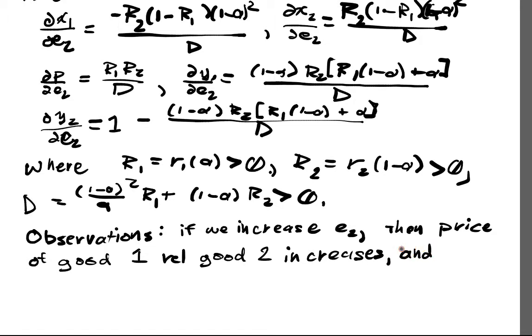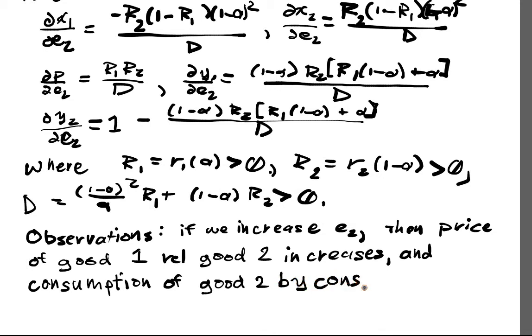And consumption of good 2 by consumer 1 increases. So that's dy1 dE2, and of course this is also all positive, so you can check that this is entirely positive.